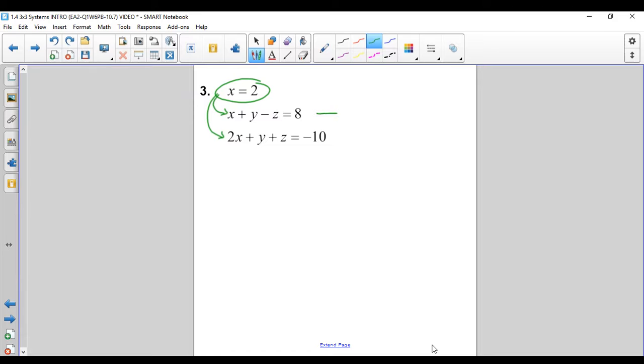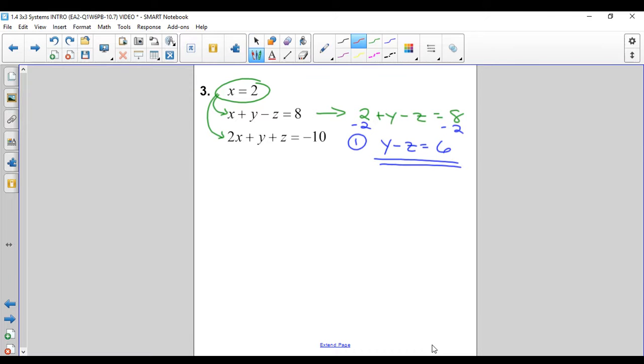So this first equation, I'm going to go 2 plus y minus z equals 8. I'm going to subtract 2 from both sides, get y minus z equals 6. There's one equation we're going to use.